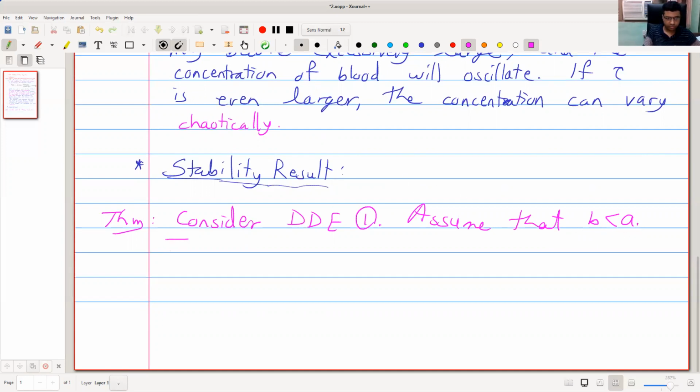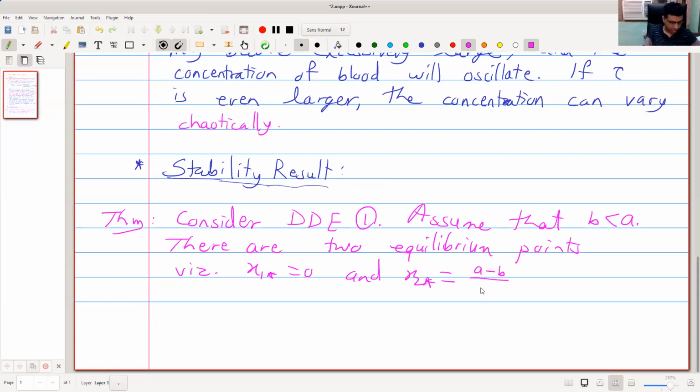There are two equilibrium points, namely x1 star equal to 0 and x2 star equal to (a minus b divided by b) raised to 1 upon c.